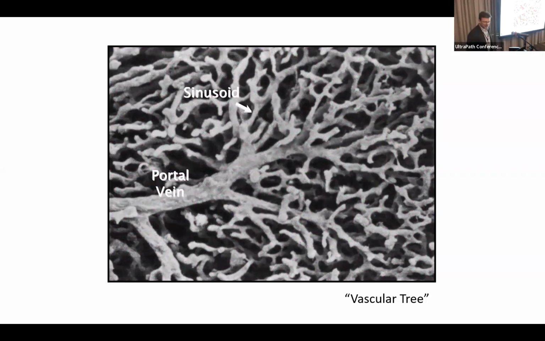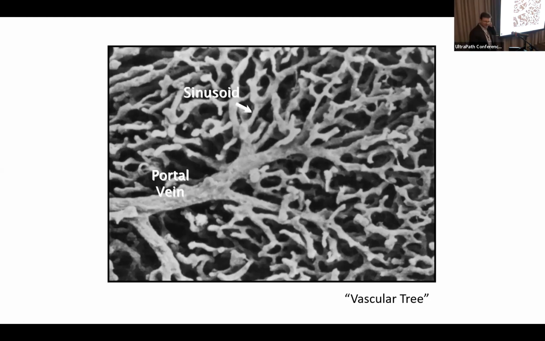This shows really nicely what they call a vascular tree, or this branching process, where you have the terminal end of the portal vein, and the blood then gets dumped into the sinusoids as they work their way towards the central vein.